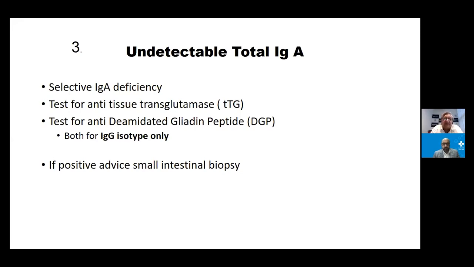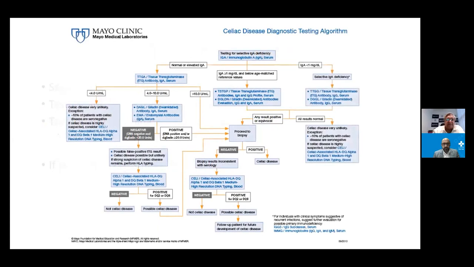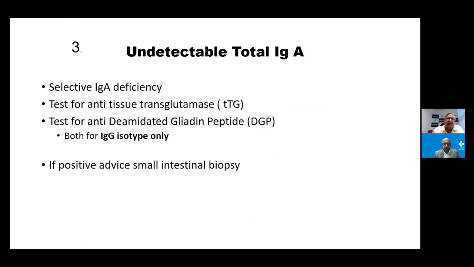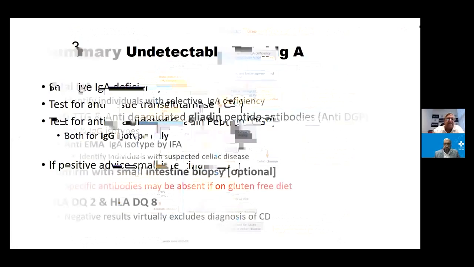If positive, we can advise small intestinal biopsy. This is what the Mayo algorithm for investigation of celiac disease looks like.